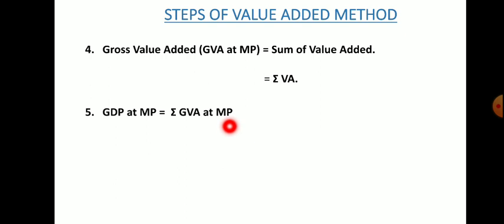Ma'am, why this? Again you are summing this up. Because it might happen that you have calculated this gross value added for different sectors, say primary, secondary and tertiary.